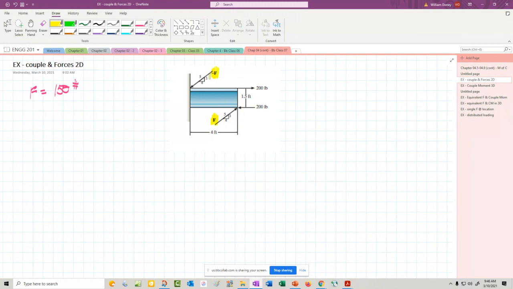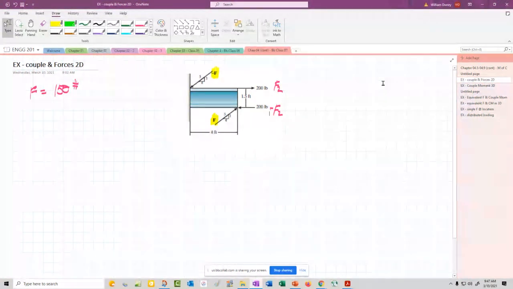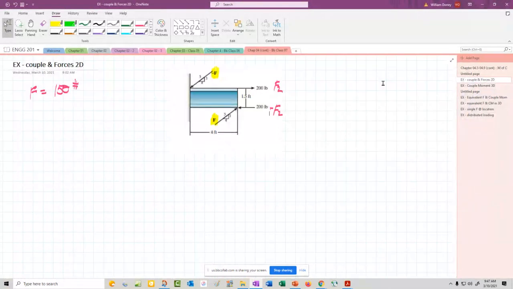Sorry, they're a force couple because it's F and minus F. I could have just as easily, or they could have just as easily, instead of writing 200 pounds here, called this F2 and that F2, and they would make it minus, but since they didn't, they leave it as 200. So they could have made it F2 and minus F2, and then we could have been told what it was, but they chose to show it that way.